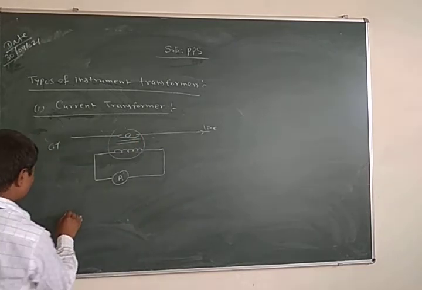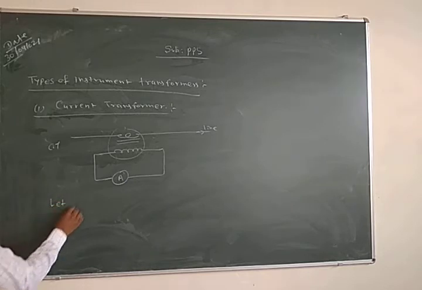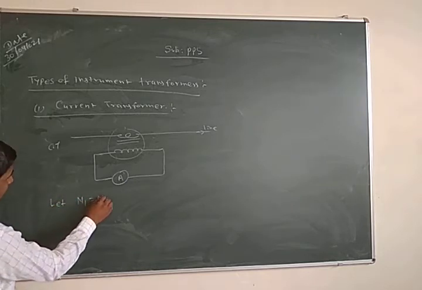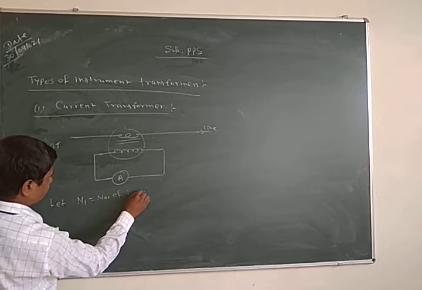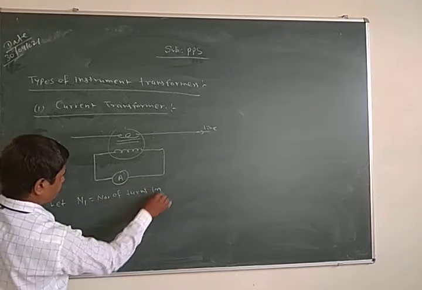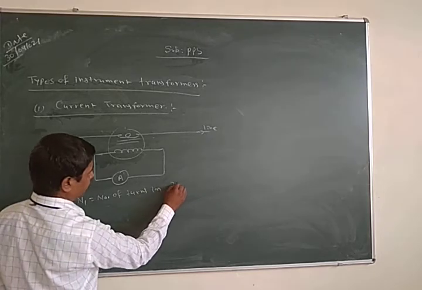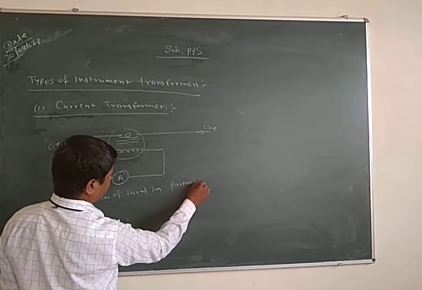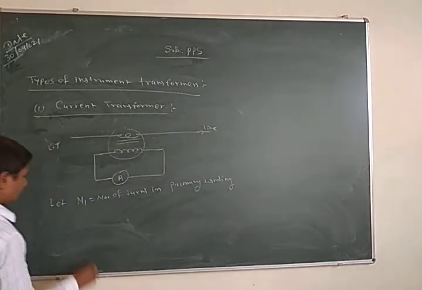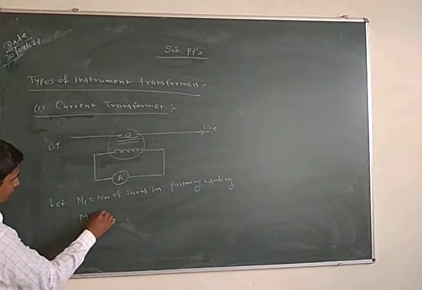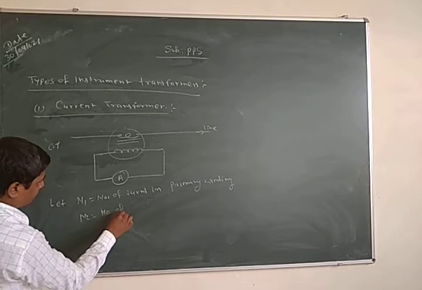Let N1 is number of turns in primary winding and N2 is number of turns in secondary.